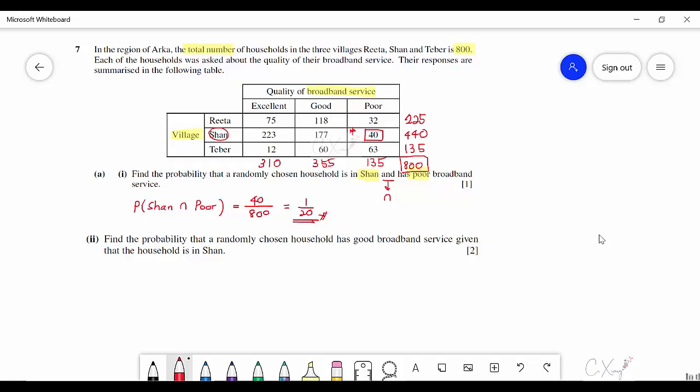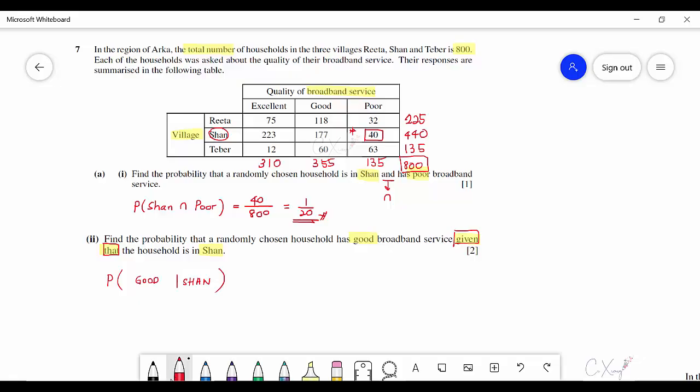All right, so they still want you to find the probability, and they said the chosen household has good broadband service, given that the household is in Shan. I need you to highlight the words given that. So this keyword actually tells you that they want you to find out the conditional probability. You know that the household is in Shan first, followed by good broadband service.